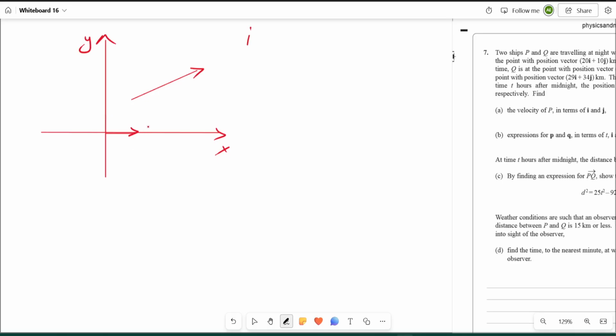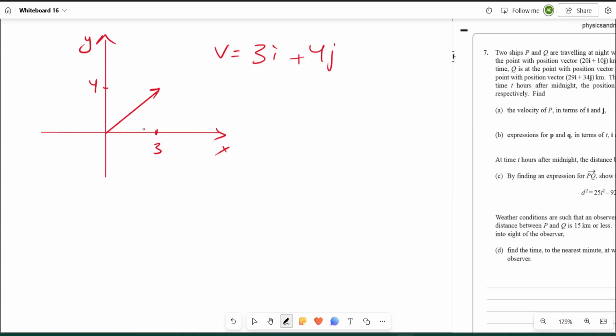So let's say there is a velocity vector that is 3i plus 4j. That means my vector is 3 units to the right and 4 units up, so the vector looks something like this. This is the magnitude and the direction.